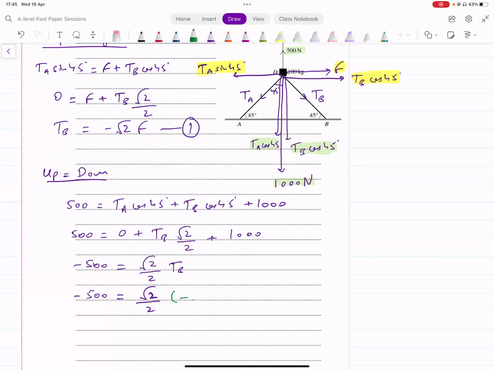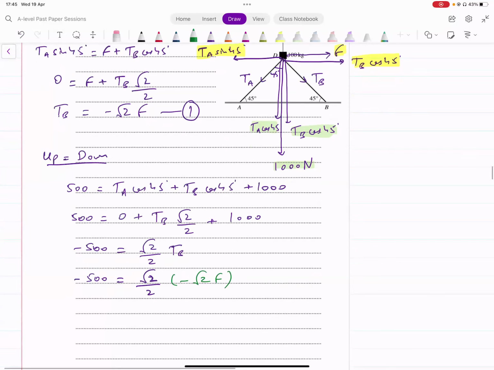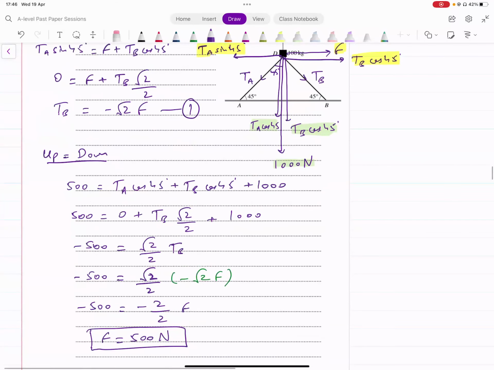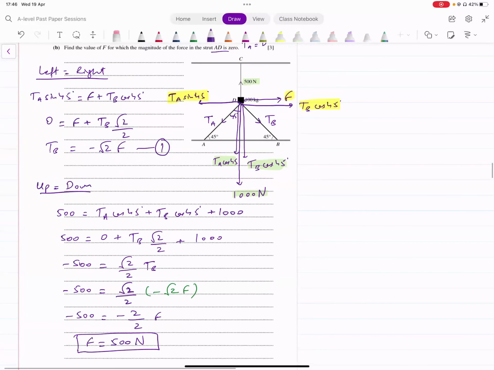Let's input that, minus square root of 2 times f. वो input कर दें इसके अंदर। Now that gives us -500 equals -2 over 2 times f, and f turns out to be equal to 500 Newton. And that is what we were looking for here. This is the value of f that we get if TA is equal to 0.